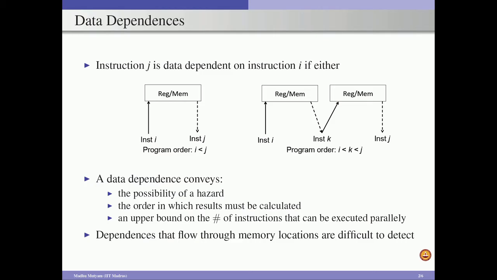But if the data dependence happens because of writing to a memory location and reading from the same memory location, then it is very difficult to identify. That is the reason why dependencies that flow through memory locations are difficult to detect.